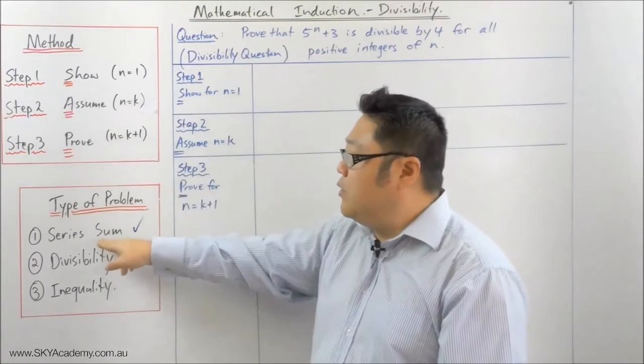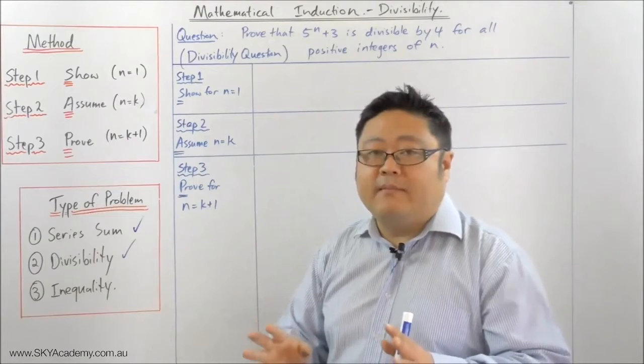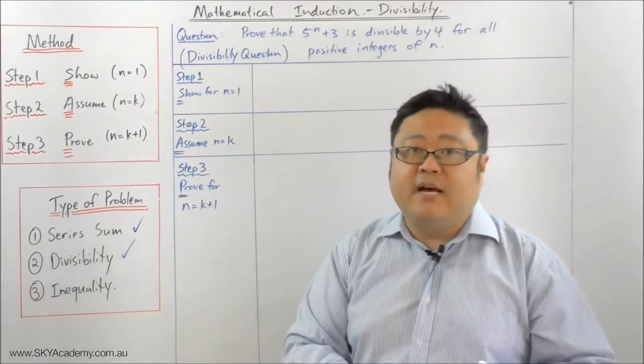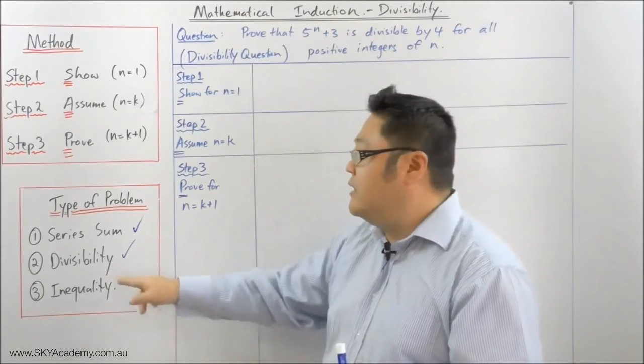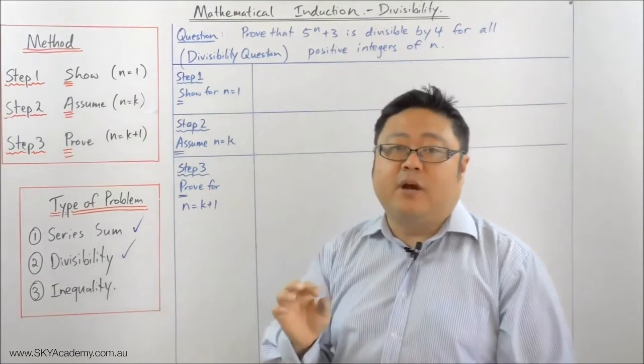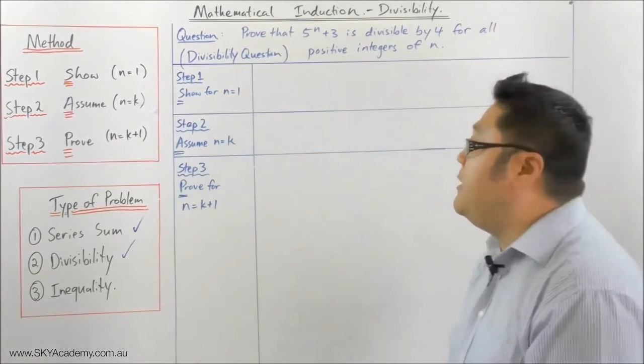We did work through series and sum type problems for mathematical induction in the last episode. In this episode, we're going to be looking at divisibility type questions, and I've got a typical divisibility question on the board behind me.